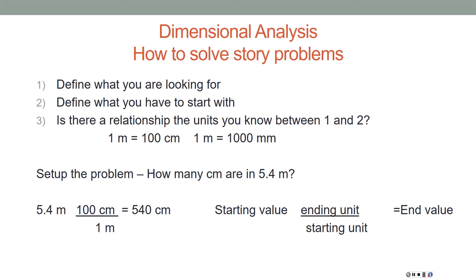Feet cancel. 22.75 times 1 divided by 3 is going to be 7.58 yards. Is that what you guys got? Yeah, always double check my calculator skills.